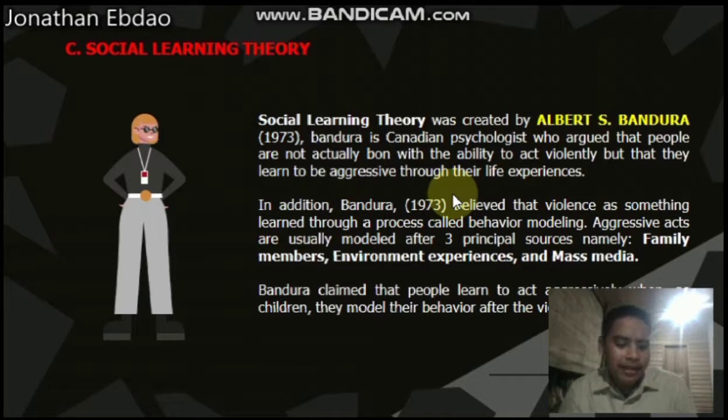In 1973, Bandura believed that violence is something learned through a process called behavior modeling. Aggression is usually modeled after three principal sources, namely family members, environmental experiences, and mass media. Bandura claimed that people learn to act aggressively when, as children, they model their behavior after the violent acts of adults, since they just imitate or experience it from them.